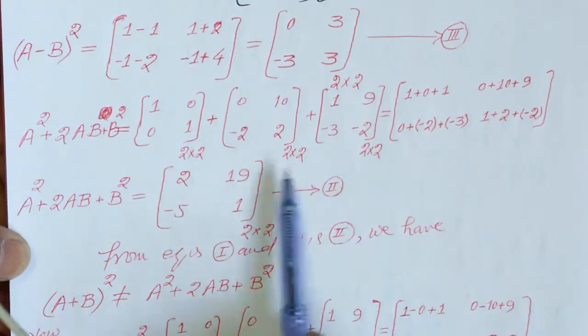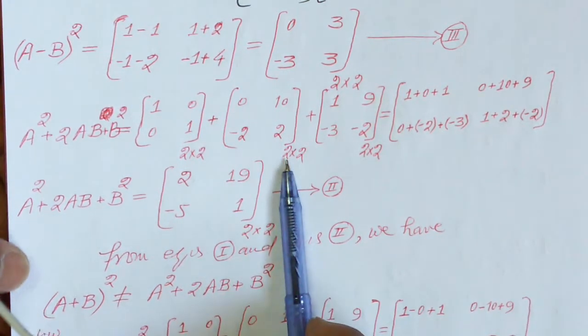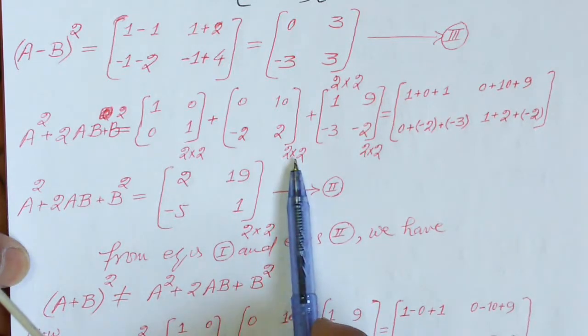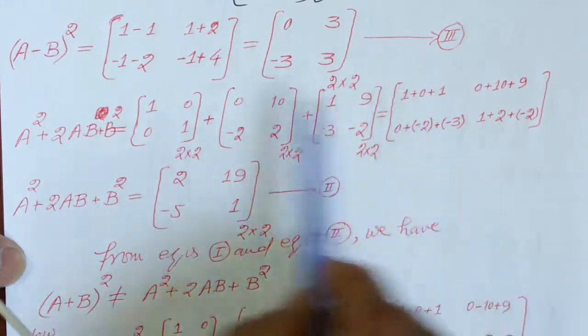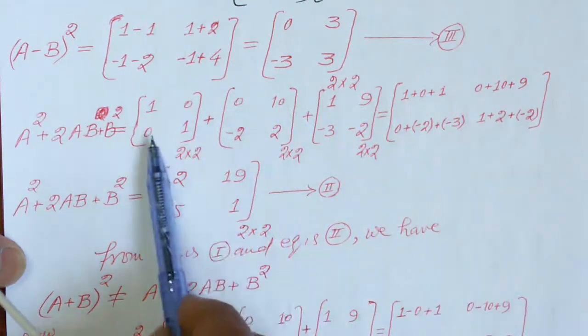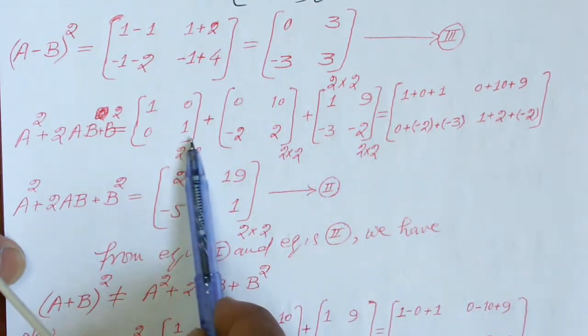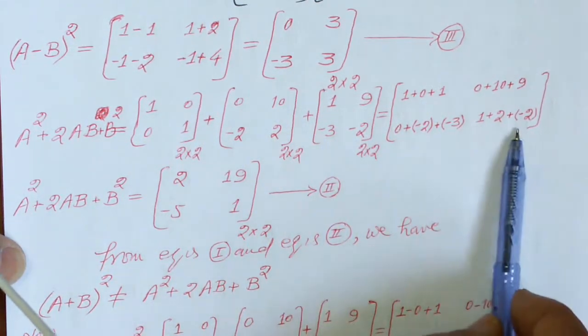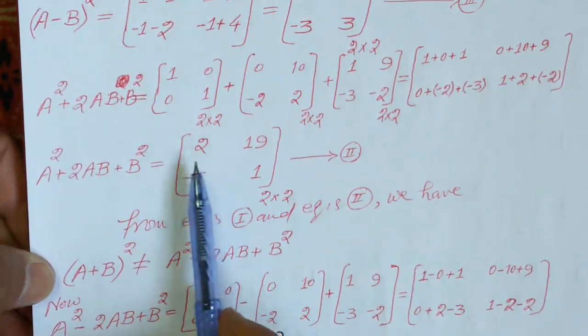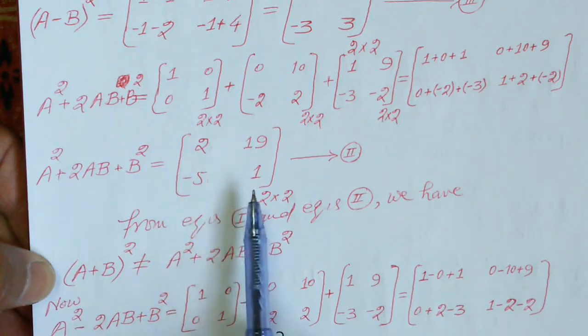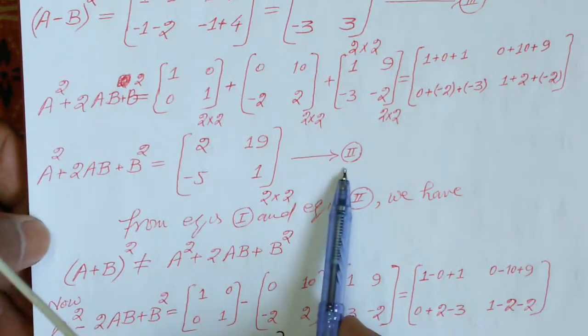The order of these matrices is the same, each matrix is 2 cross 2. Add the corresponding elements. The resultant matrix has elements 2, 19, minus 5 and 1. This is your equation number 2nd.